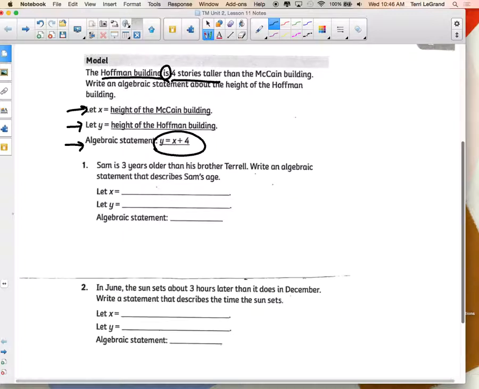Taller would be higher, more than the McCain Building. So basically they've said that the Hoffman Building, so let's put off to the side here that the equation is set equal to y. Would you write that off to the side in your notes, please?